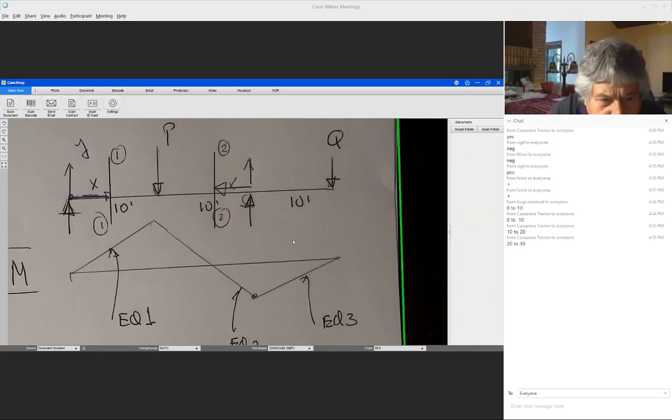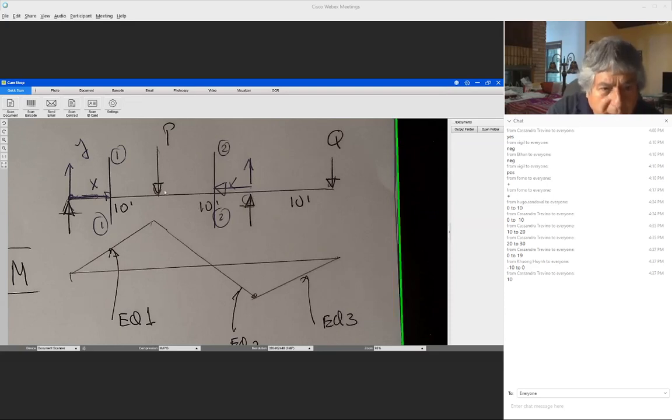If I put the origin at this location, this second equation is good between this point and this point. So between what and what? 0 to 10. 0 to 10. But my free body is going to be all of this.